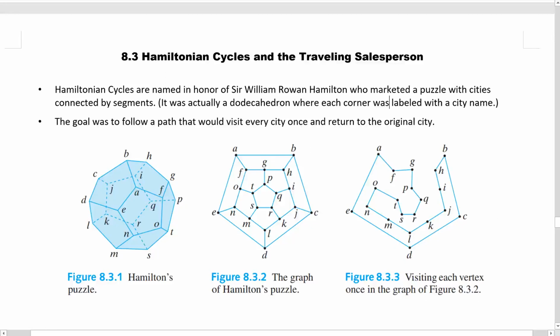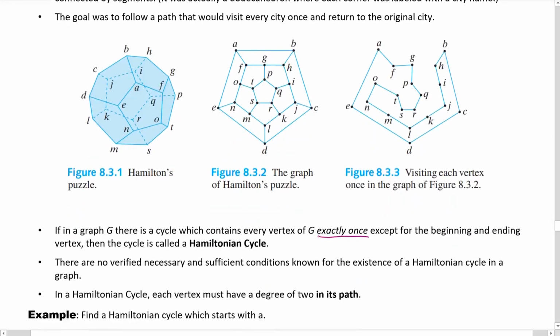So, definition. If in a graph G there is a cycle which contains every vertex of G exactly once, except for the beginning and the ending vertex, then we say the cycle is called a Hamiltonian cycle. There are no verified necessary and sufficient conditions known for the existence of Hamiltonian cycles in a graph.